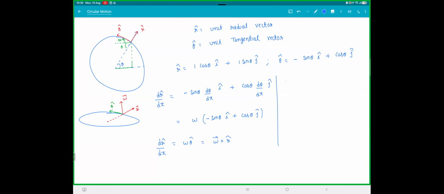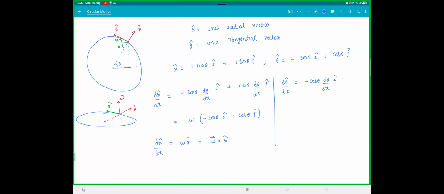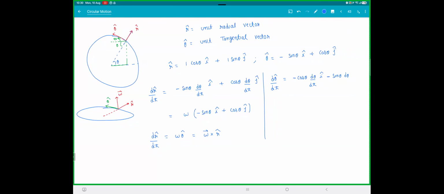Similarly, if I differentiate this guy, d theta by dt, this would give you minus cos theta d theta by dt i cap. Again, the end result is more important, so for the derivation we will need this stuff, minus sin theta d theta by dt j cap.